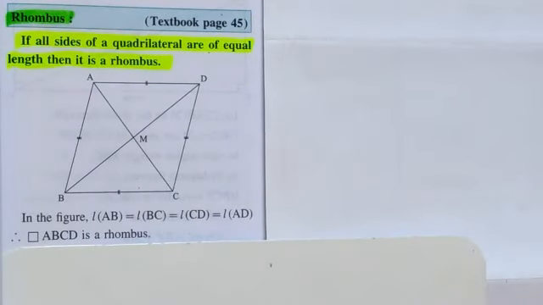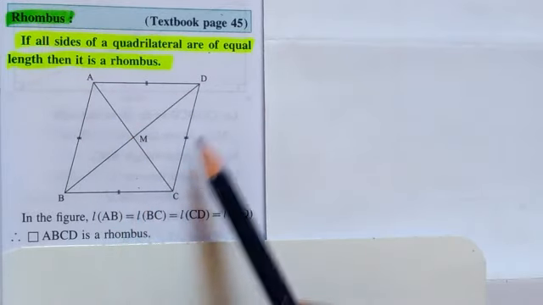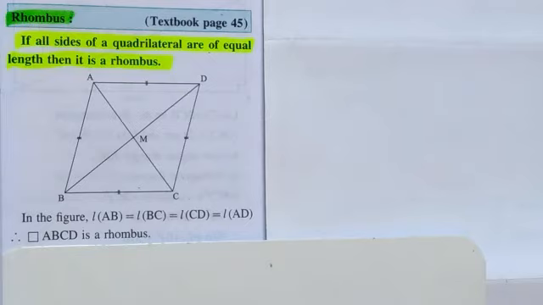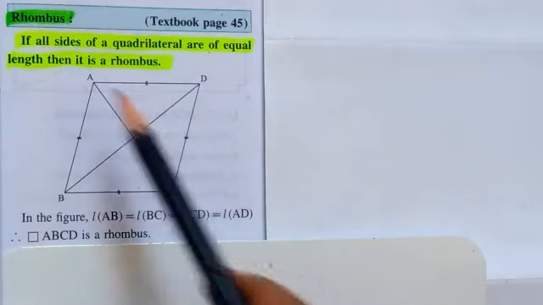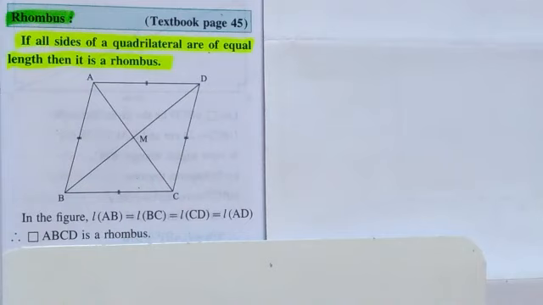Now let's move towards the third most important type of quadrilateral, that is the rhombus, which is still unknown to you. If all the sides of a quadrilateral are of equal length, then it is a rhombus. It is just like a square. It means it also has the same measurement on all four sides, but here the opposite angles are congruent.